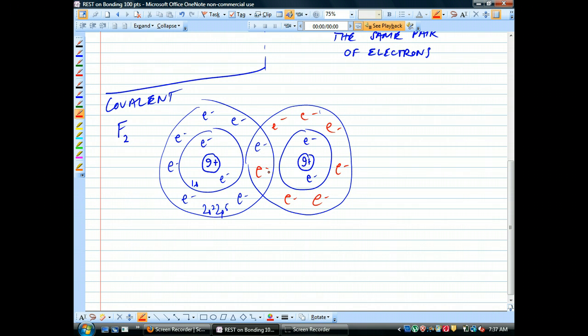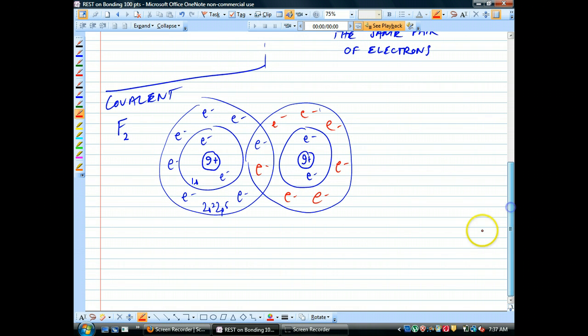Just like that. So now what's actually happening here is there's an overlap in the outer shells of these two atoms. The atoms are sharing, they're each contributing 1 electron to this bond, okay? So this right here is the covalent bond.